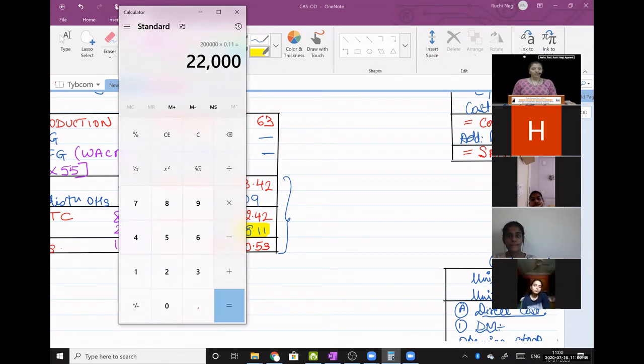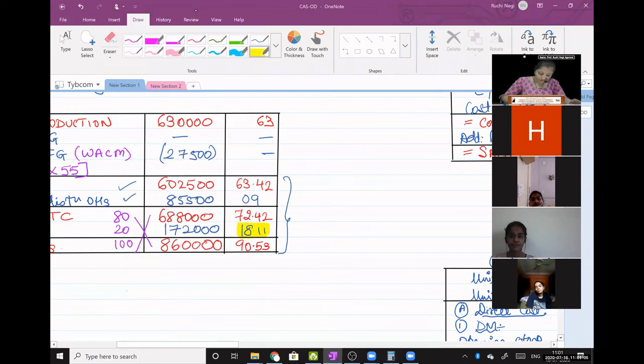Understood? The beauty of cost accounting is that even with an increase of 1 paisa, it shows you the difference in the net profit. Clear?